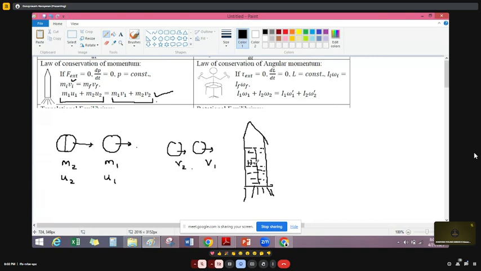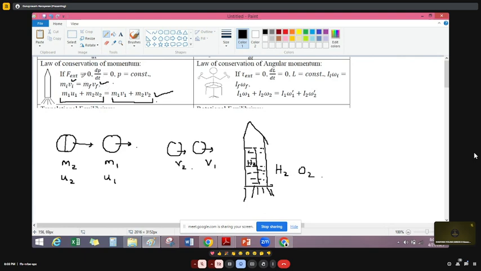So that means a huge amount of hydrogen and oxygen you have to carry in the rocket. So that means as you burn the fuel, the mass of the rocket will reduce drastically. So that means as the mass decreases, the acceleration will increase. So which means the velocity will increase. So that means momentum before should be equal to momentum after at a different instant.